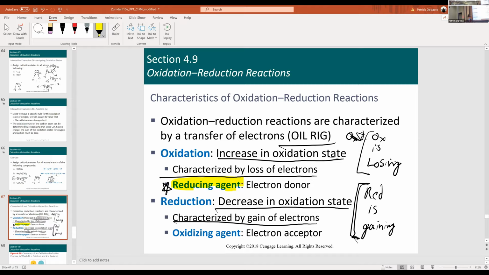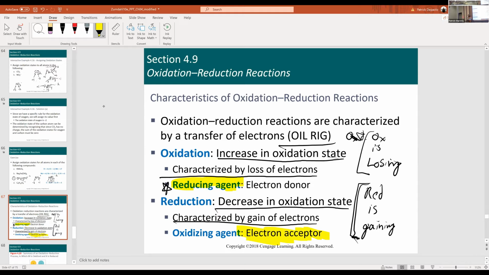So something that's being reduced, on the other hand, facilitates the oxidation, meaning it persuades the thing that's being oxidized to get rid of its electrons. It's like, come on, give them to me. You know you want to. You know you don't need them. All right, fine. That's what it's doing.